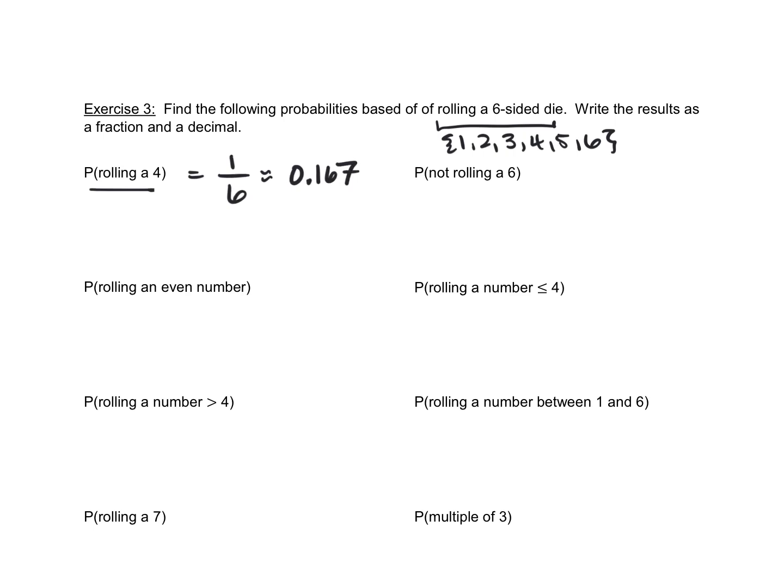All right, next we have not rolling a 6. So really we know that rolling a 6 is 1 out of 6. So the complement is going to have to be the rest. If we think about what would make a whole, that'd be 6 out of 6, which is 1. So this is the complement of rolling a 6.